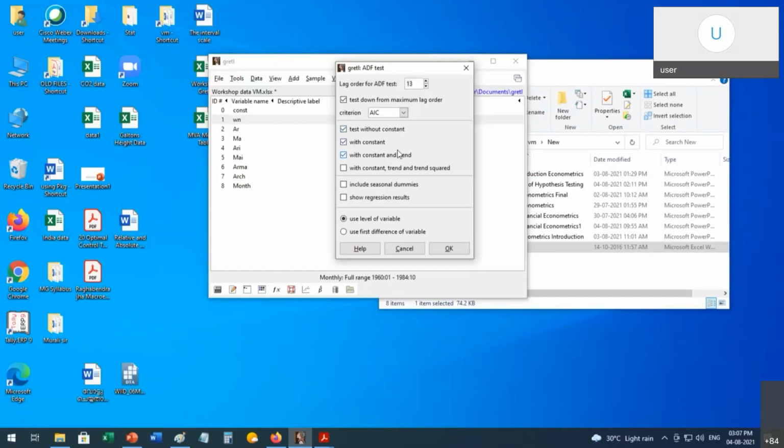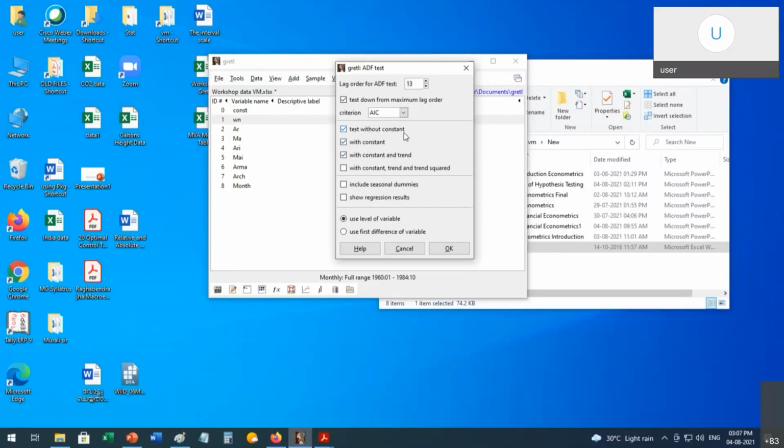The one with the constant also includes a trend, because that trend is the stochastic trend. Here we will have a stochastic trend and a deterministic trend. So if there is no trend at all visible, then it is better that we take only this one.